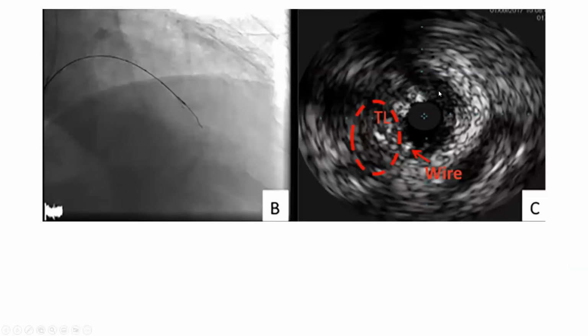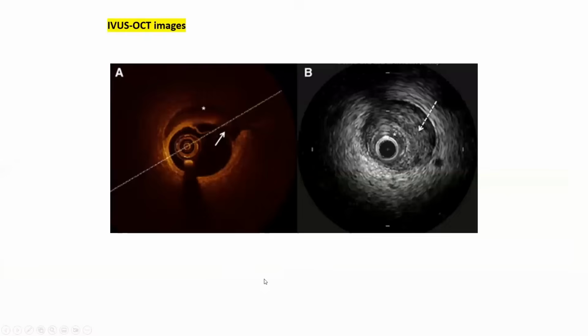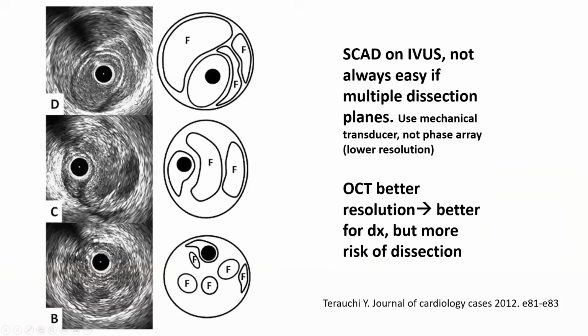This is another illustration. You're in the false lumen with your IVUS and wire, and this is the compressed white true lumen. Those are other examples from the literature of SCAD. This is the SCAD. Again, that crescent banana shape, somewhat dark area.